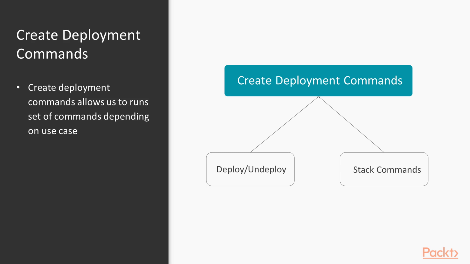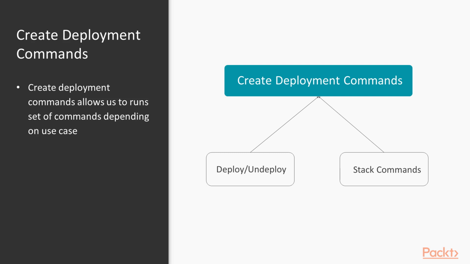They allow us to run a specific set of commands depending upon the use cases that we have. They are generally categorized into deploy and undeploy, and second, the stack commands. Stack commands are the commands which were available once we pressed the run command button within the window.